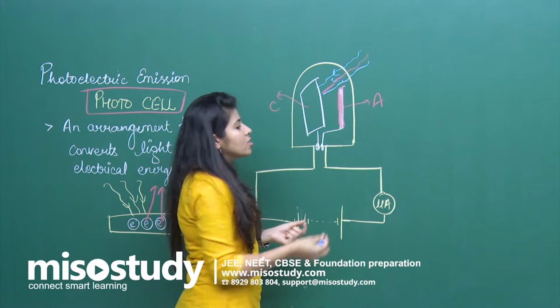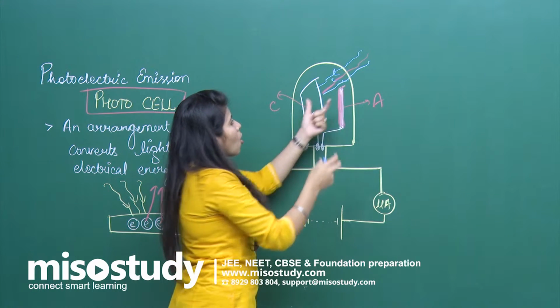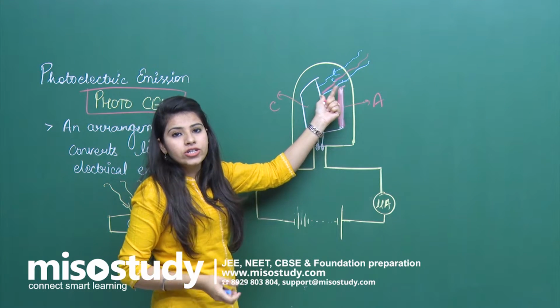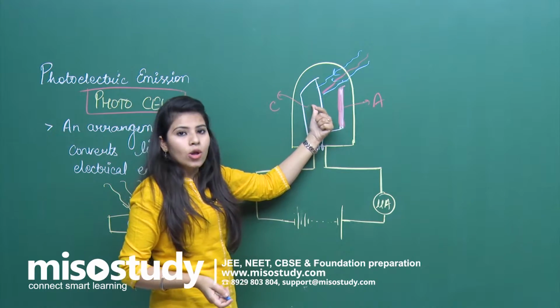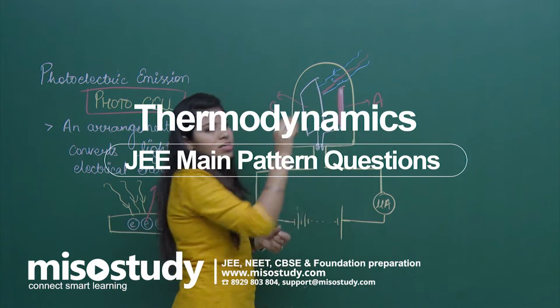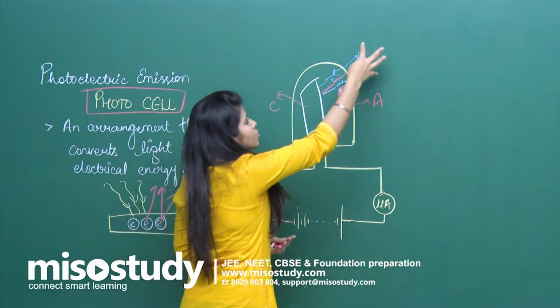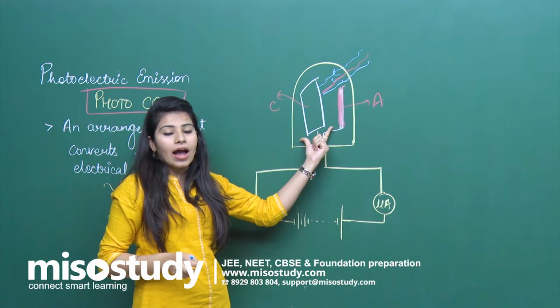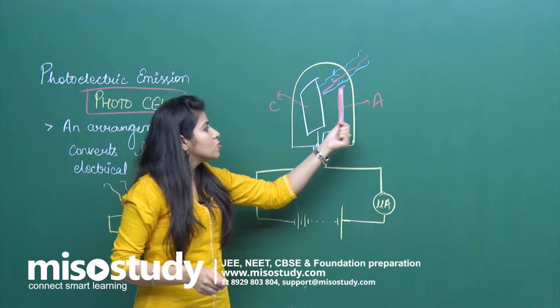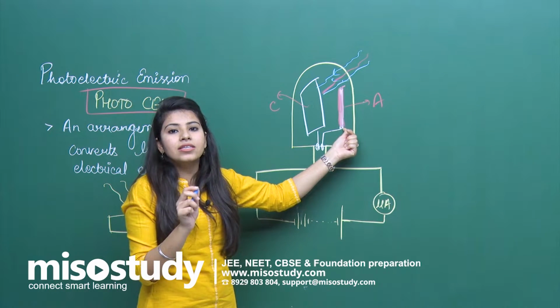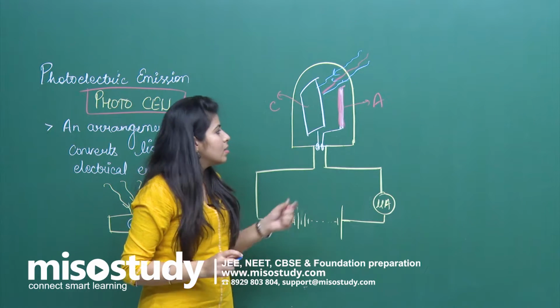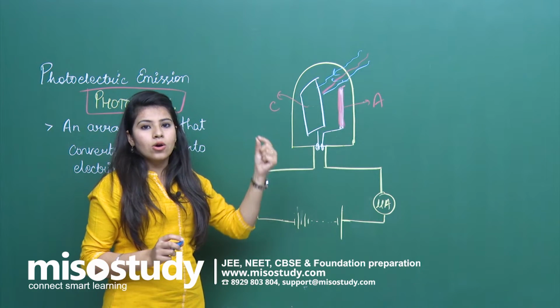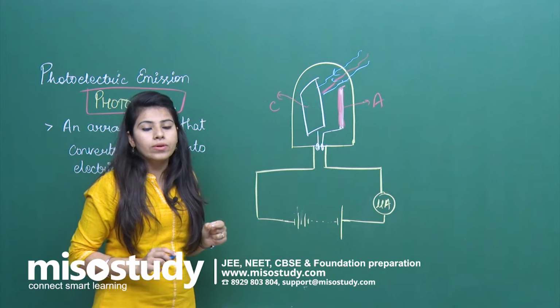So to prevent the obstruction of radiation over the cathode, we have made this in the form of a wire, so that the maximum amount of energy is gathered at this point. Now this is an anode, this is a cathode.